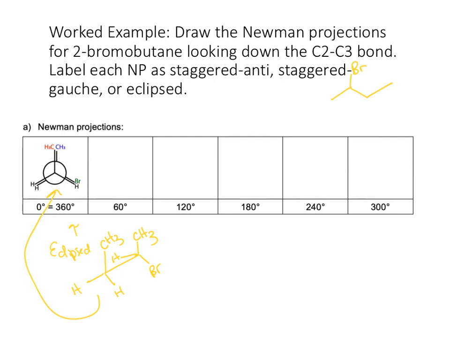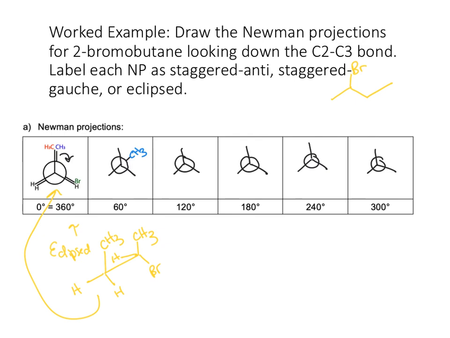So when you do this, you want to keep the front carbon still and just rotate the back carbon 60 degrees. So you can just keep the front carbon the same for all of these, and you're just going to change what's happening with the back carbon. Okay, so if I rotate this 60 degrees, then the methyl in blue will move over here 60 degrees.